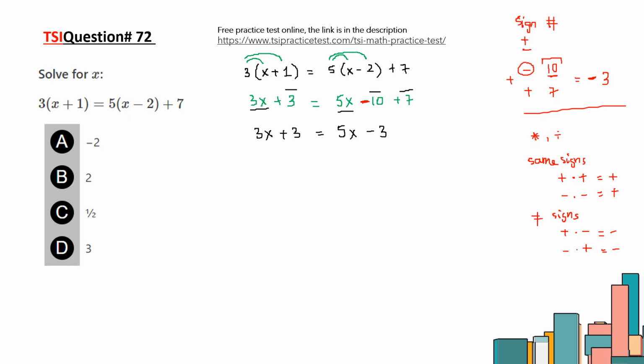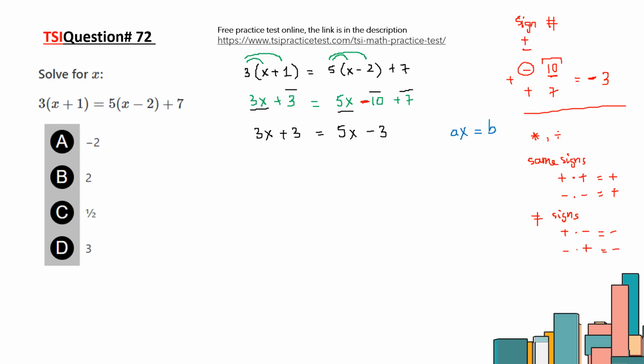So okay, let's continue with this one. Now we have the left side and the right-hand side. Each side has two terms. Now let's see what we can do. We want to make it look like some number times x equals a number b.